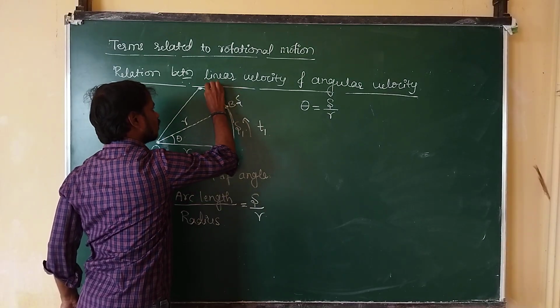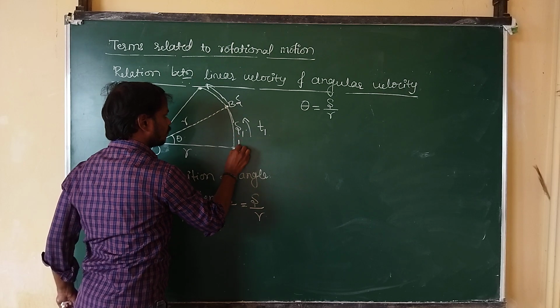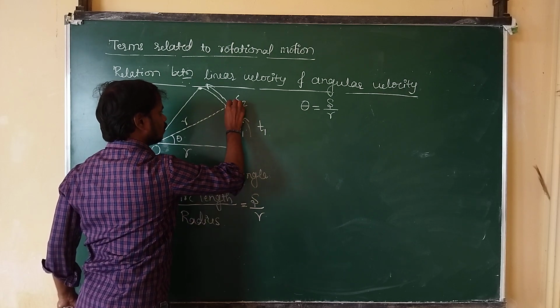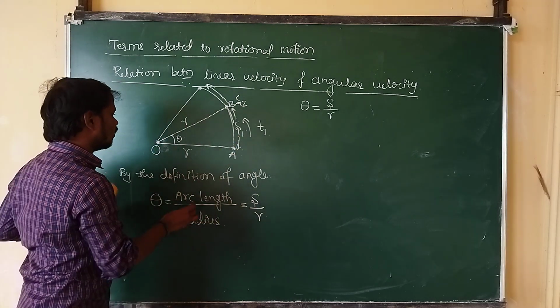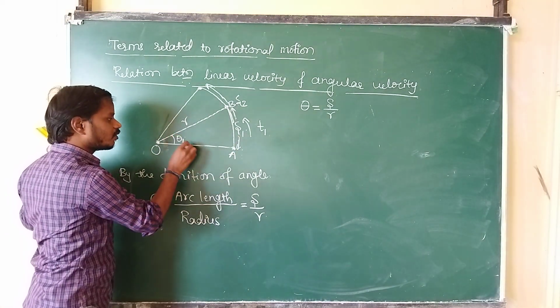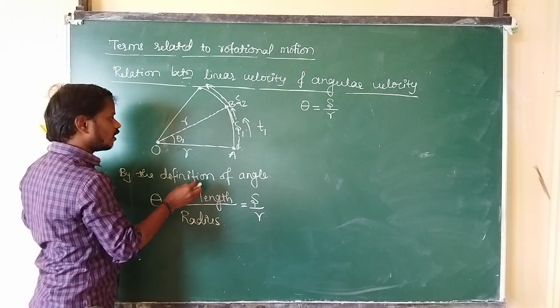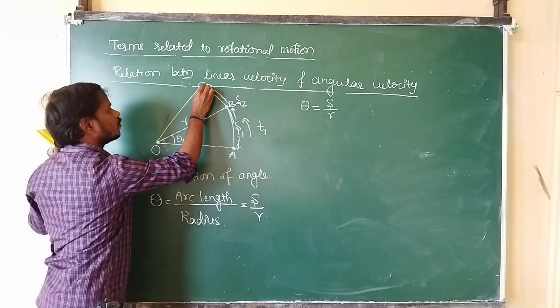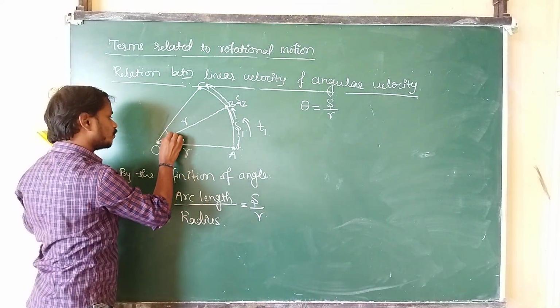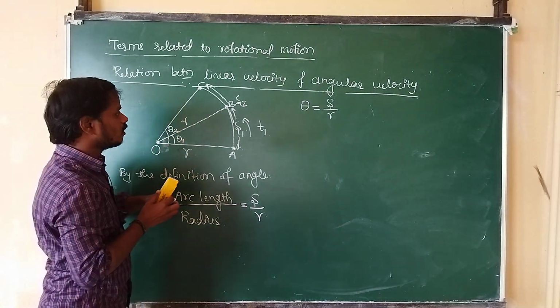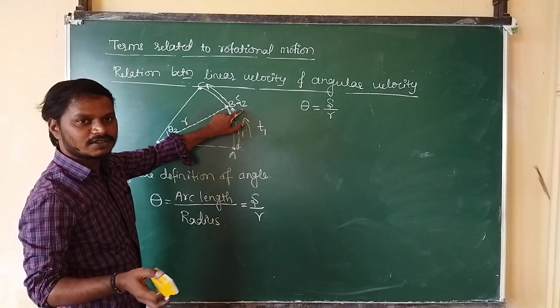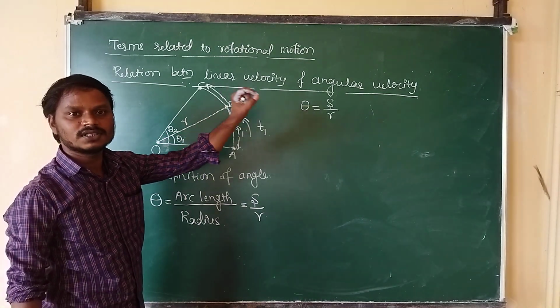This distance can be taken as S2, and this distance can be taken as S1. The angle covered by the body from A to B is theta 1, and the angle covered by the body from A to C is theta 2. As there is a change in angular displacement with respect to time, there is also a change in distance covered by the rotating body with respect to time.